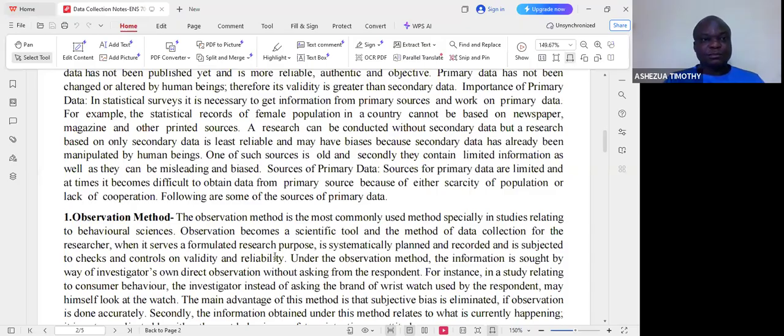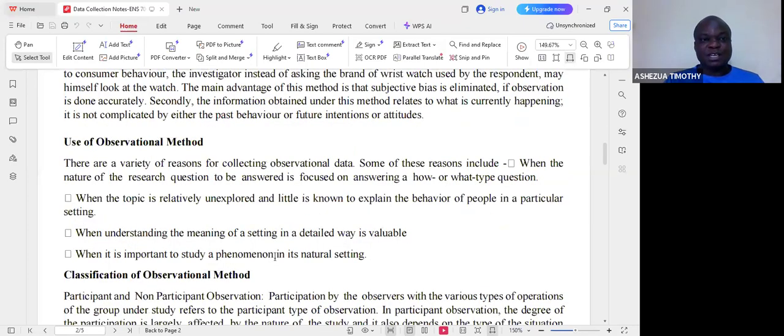Now, use of the observational method. There are a variety of reasons for collecting observational data. Some of these reasons include when the nature of the research question to be answered is focused on answering a how or what type question.